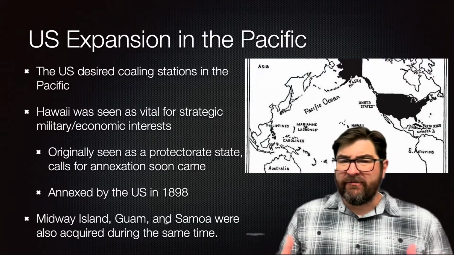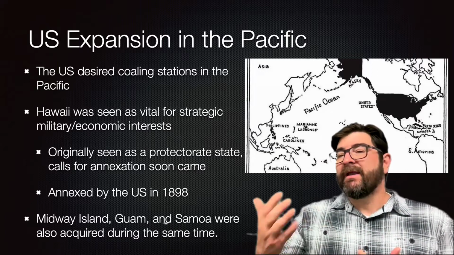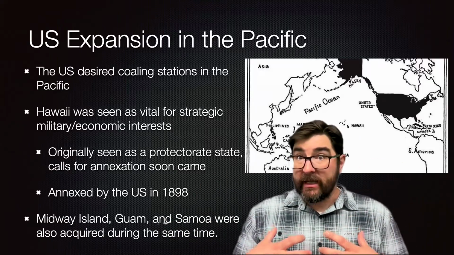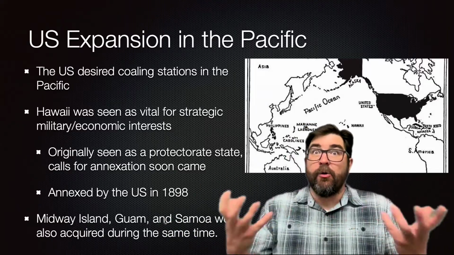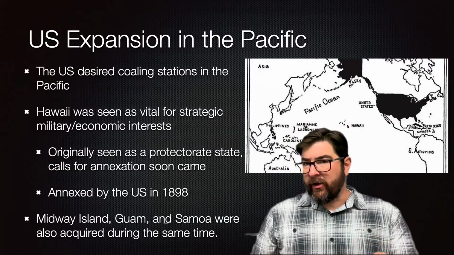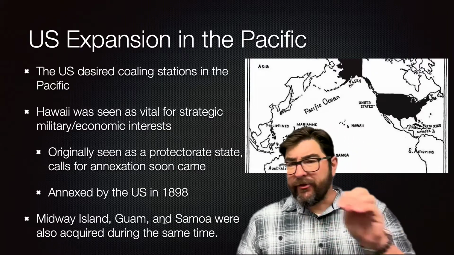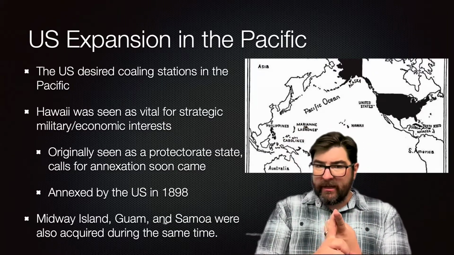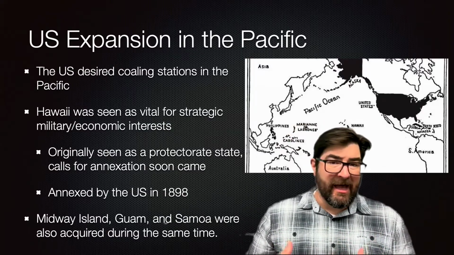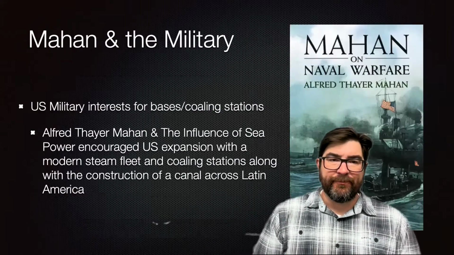Now, Hawaii itself was originally seen as a protectorate state, but soon after calls for annexation, or the absorbing into your nation, the owning of a territory by a nation would come, and Hawaii would ultimately be annexed by the United States in 1898. Other islands in the Pacific, like Midway Island, Guam, and Samoa, would also be acquired during this time to give additional naval bases and refueling stations.